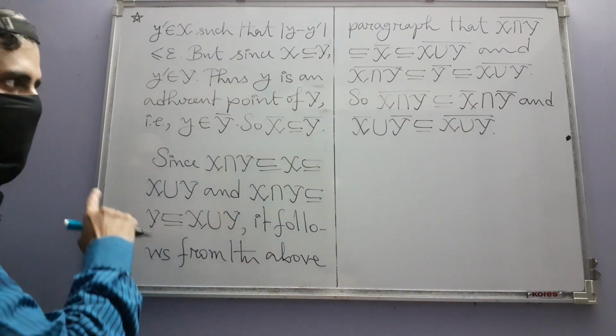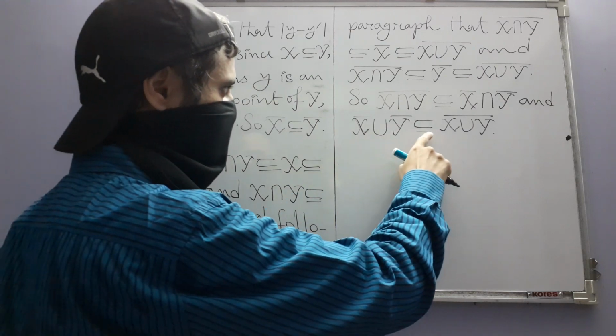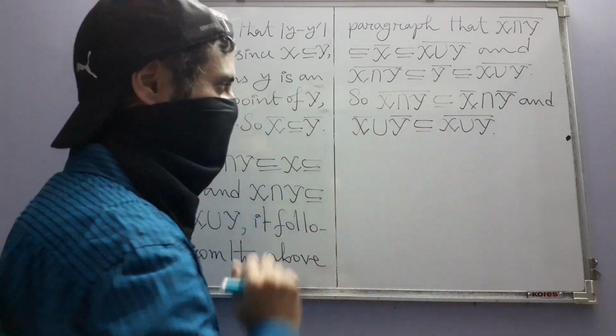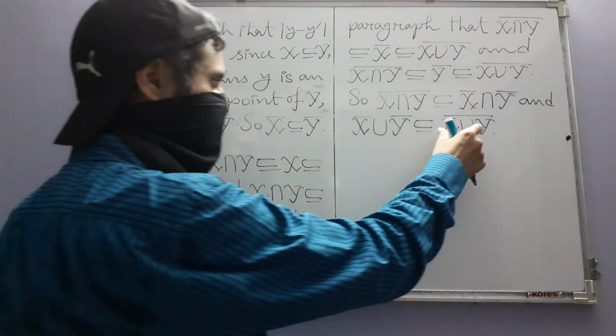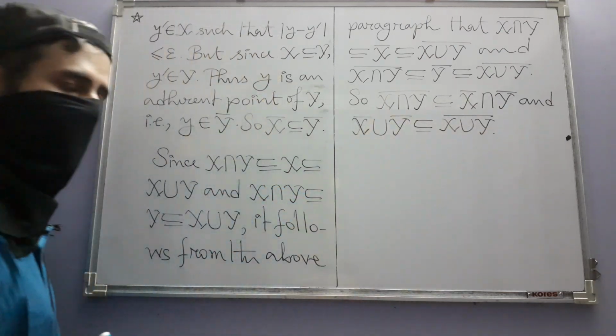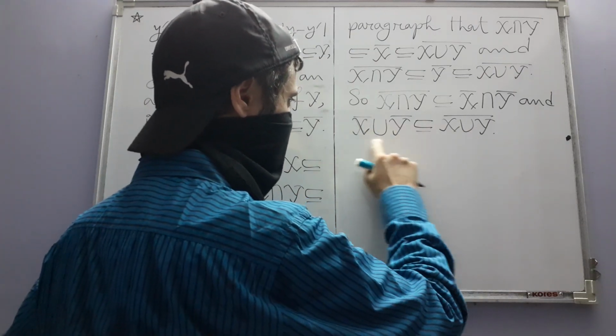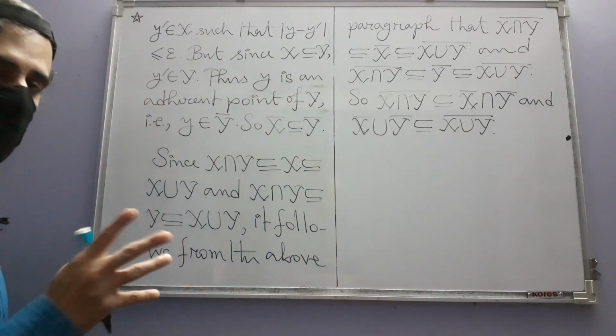But that other property involving union does not ask us to show just this. It demands equality. So that means we now have to prove the reverse inclusion also. That is, this also should be shown to be contained in this. And that we have to do.